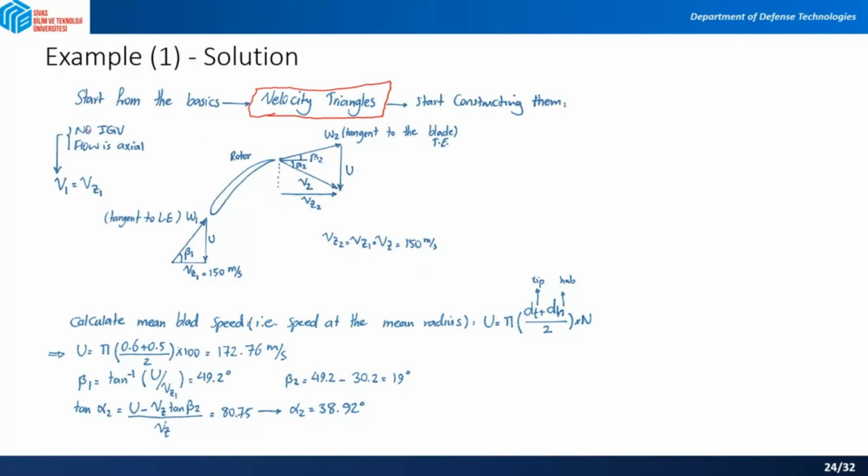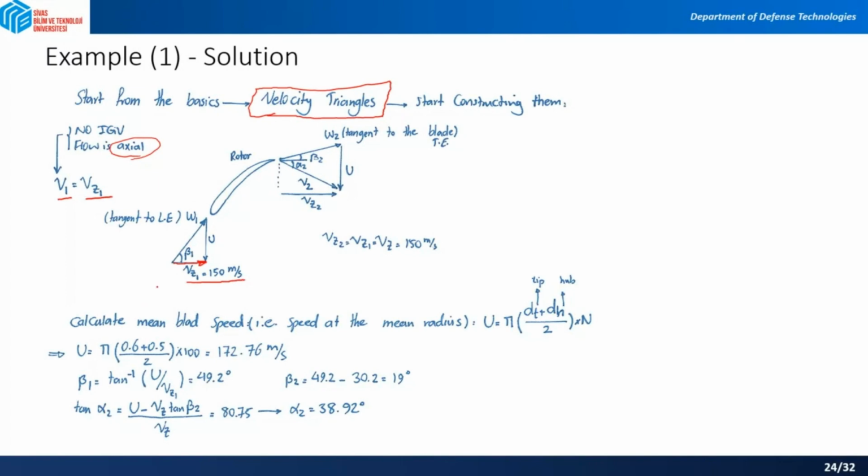It says that there is no inlet guide vanes and the flow is axial. So it means that your V1 is VZ1. VZ1, as the question says, is 150 meters per second. This one is your VZ1. And the rotor is rotating with velocity U, peripheral velocity. So the W is the relative velocity with beta 1.